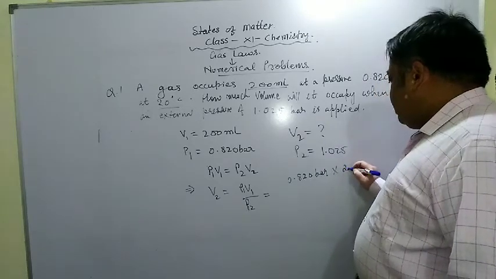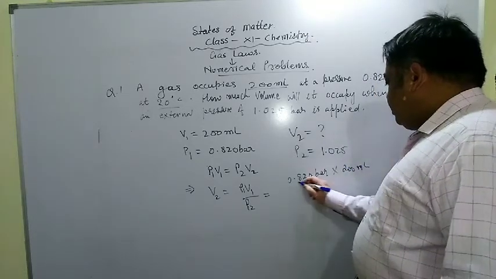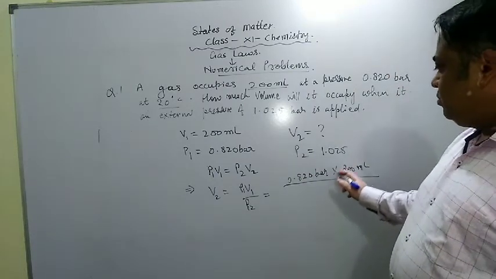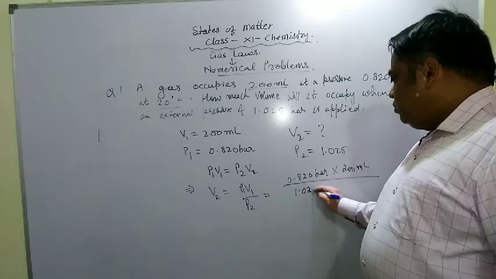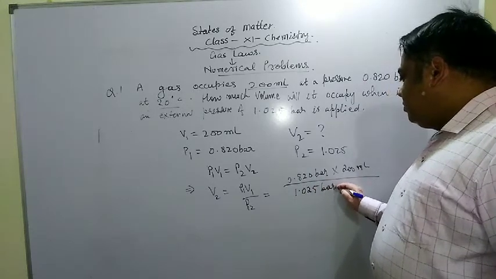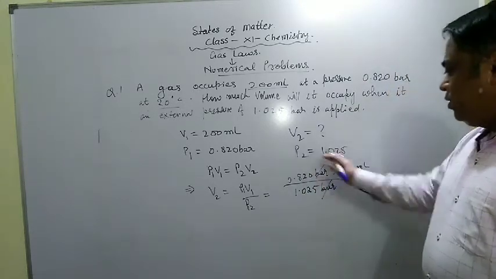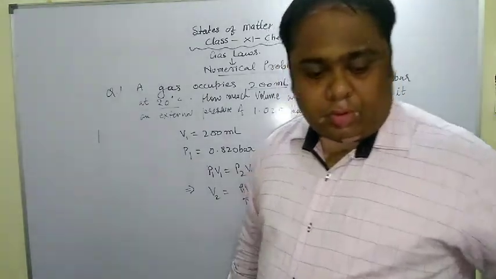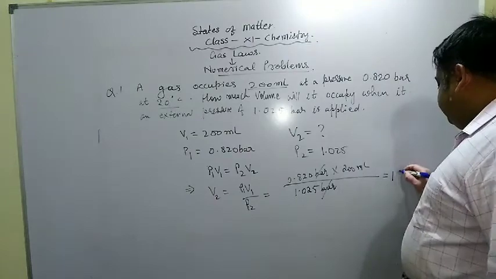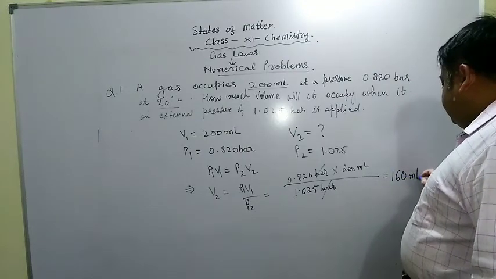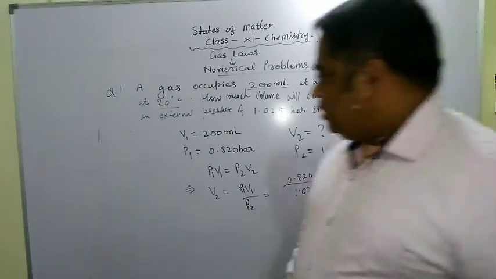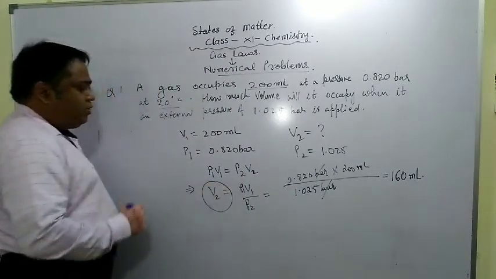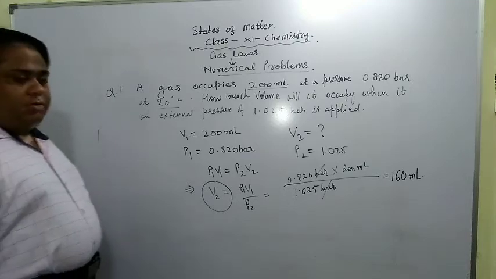Volume is 200 milliliter divided by P2, which is 1.025 bar. This and this will be cancelled. After calculating this, the volume will come out to be 160 ml. So in this way we can find out the volume of any gas for a given temperature and pressure value.